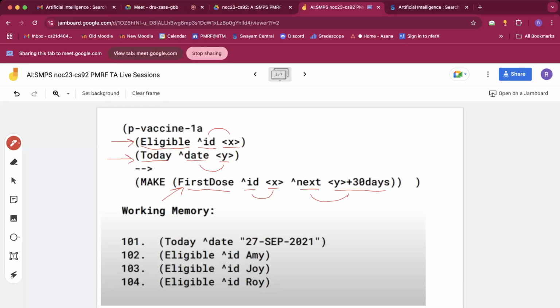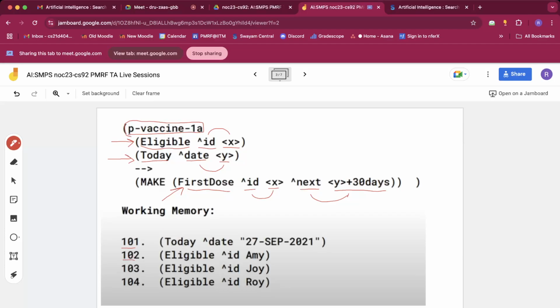Essentially, this is the rule name, right? P vaccine 1A. So you have to write a pair, P vaccine 1A, along with which elements of the working memory this rule can be used to produce a new element that can be added to the working memory.